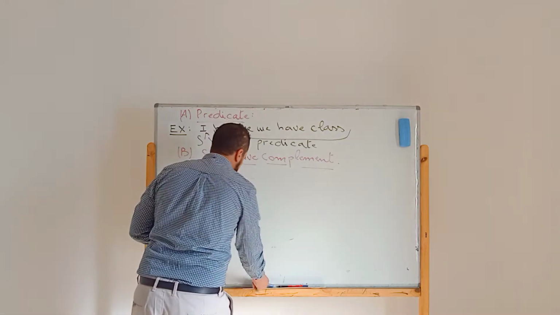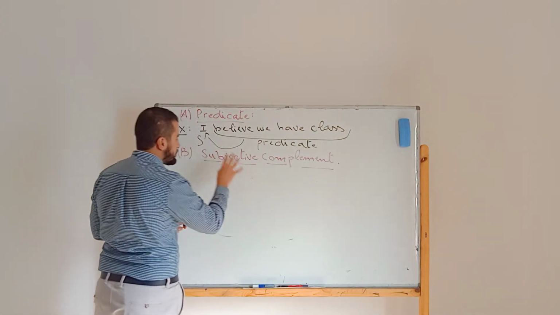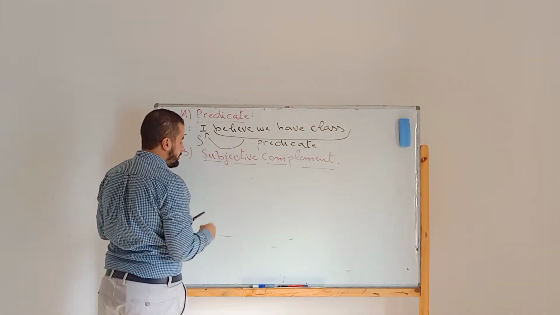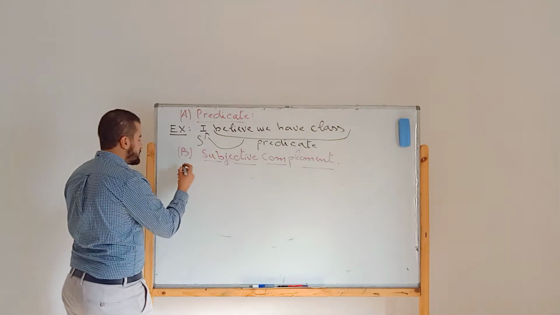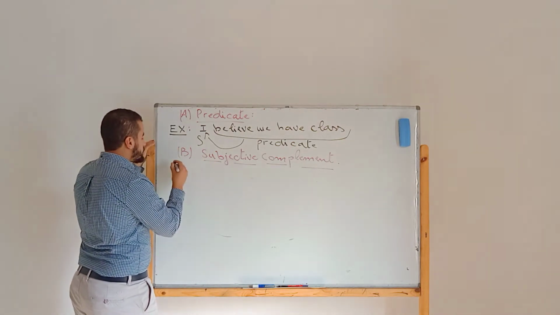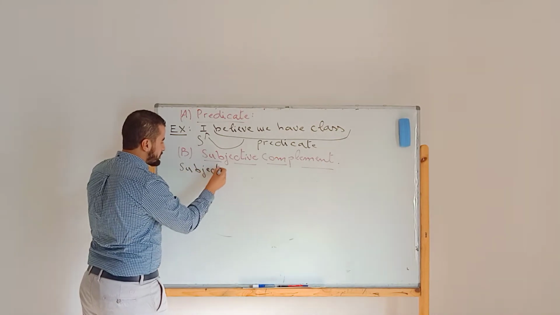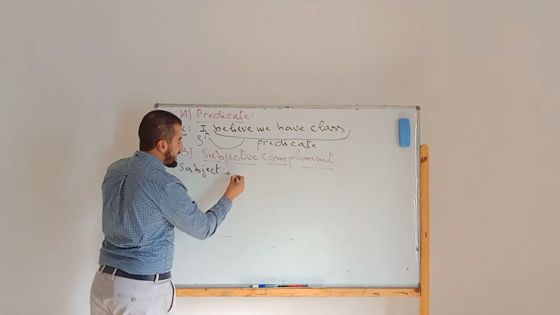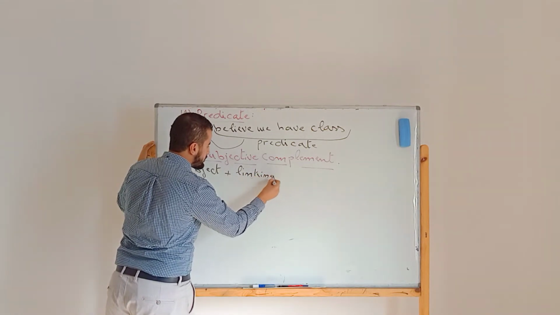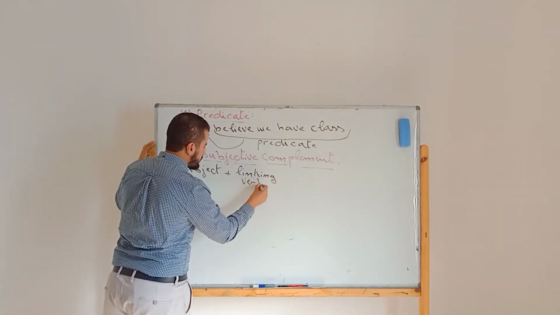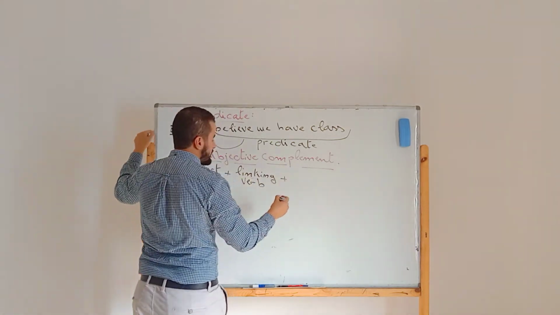For example, the format that we need for a subjective complement is that we need to connect the subject plus the linking verb, plus this one, subjective complements.